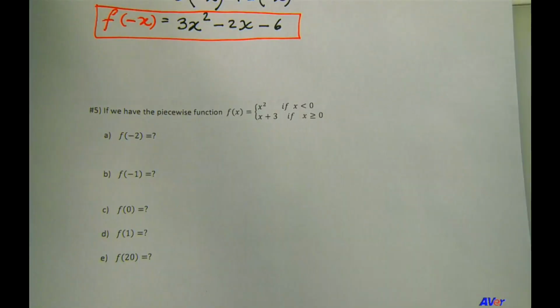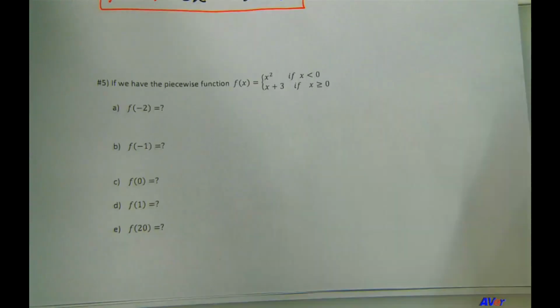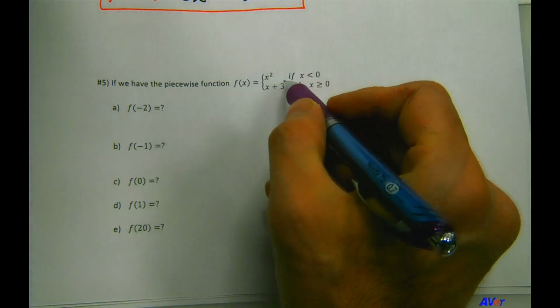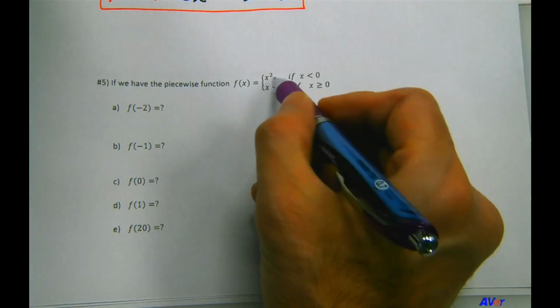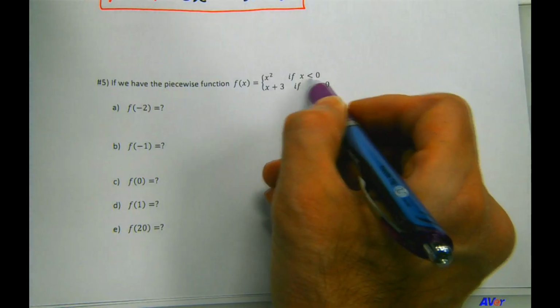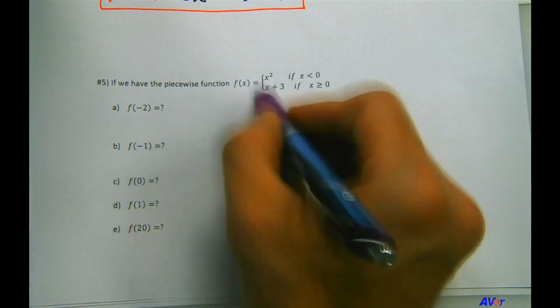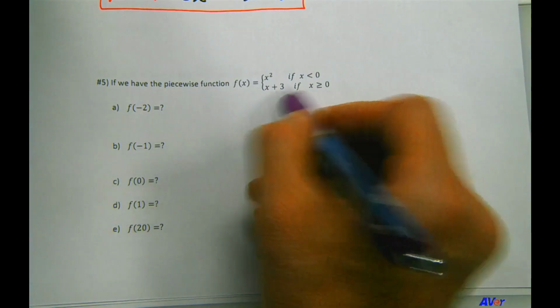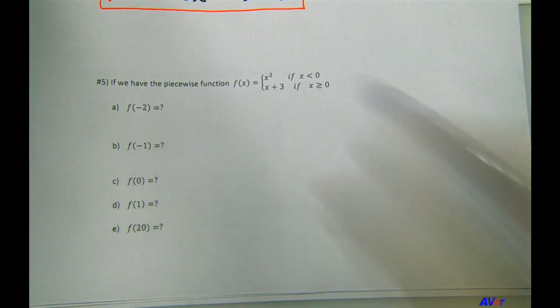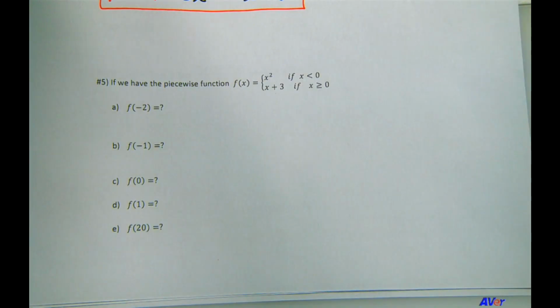Piecewise functions. These are very interesting functions, not only themselves, but how they're set up, which is conditional. So the function is equal to x squared if x values are negative. The function is equal to a linear function if x values are 0 or positive. So piecewise functions are conditional functions. They are multiple functions within one function. They are piecewise.